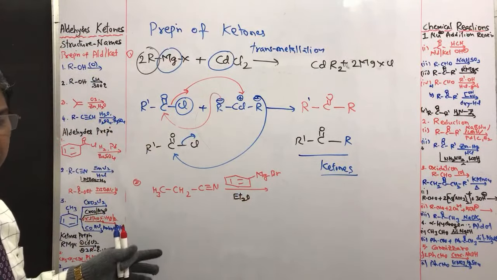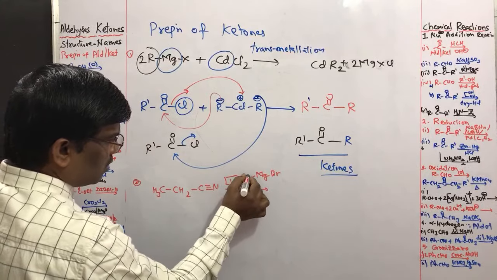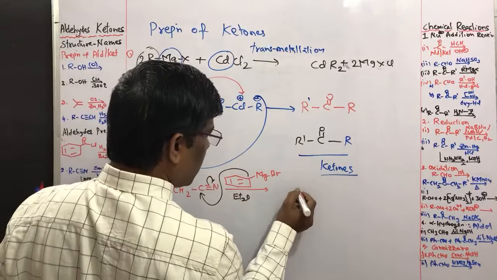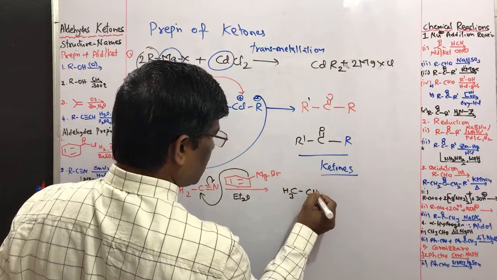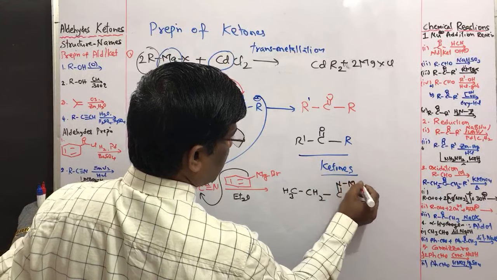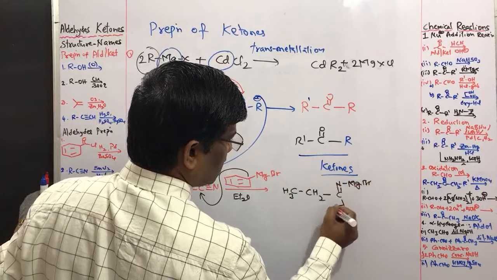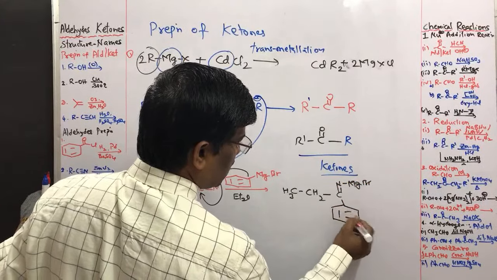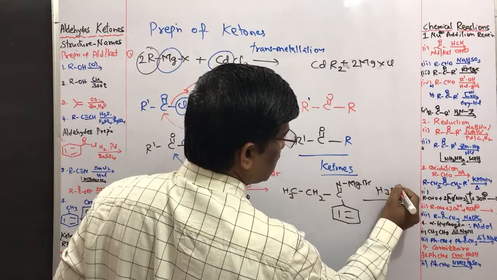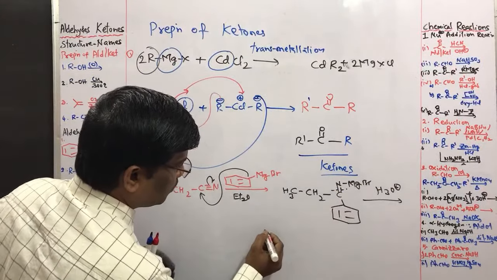Let me take ether as a solvent. So this phenyl group is going to add to this carbon, and we are going to get an imine as an intermediate, CH3CH2C(=NMgBr) with the benzene ring. This upon hydrolysis is going to give ketone.